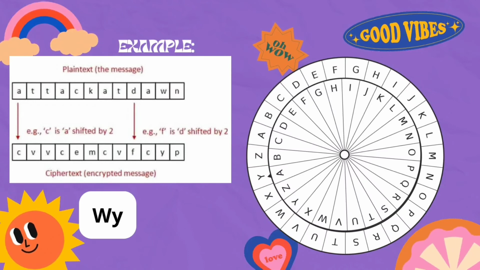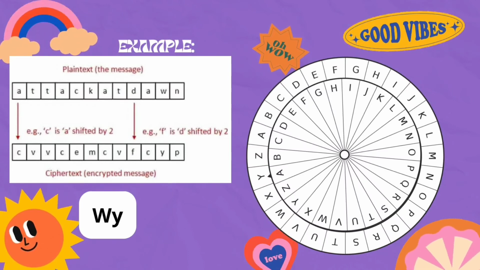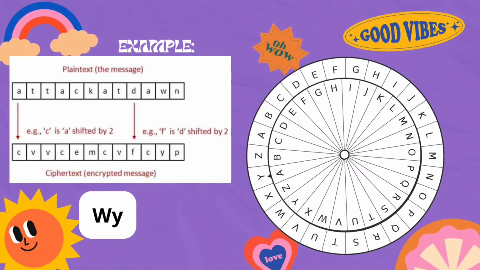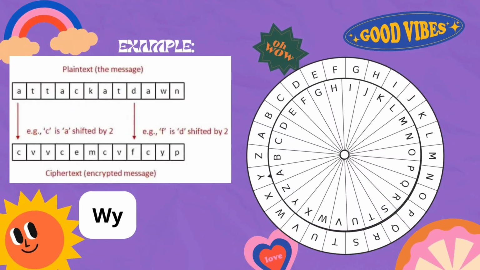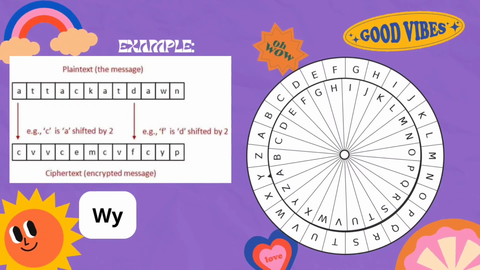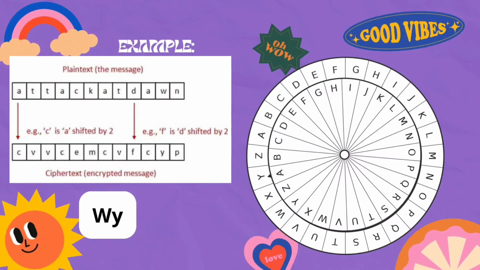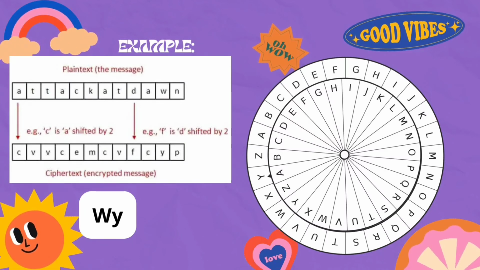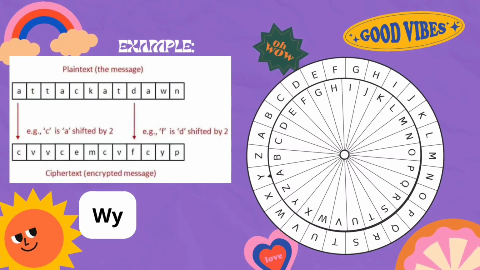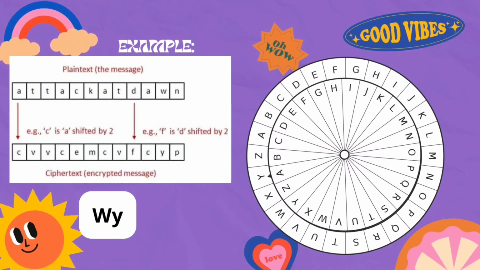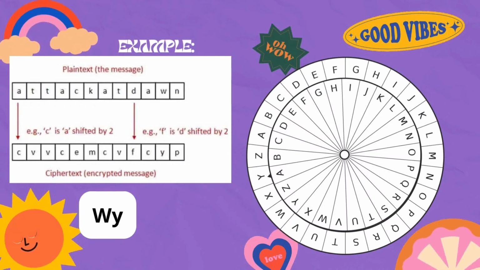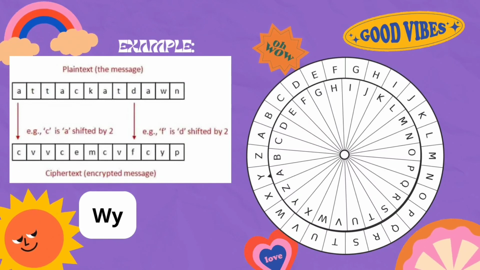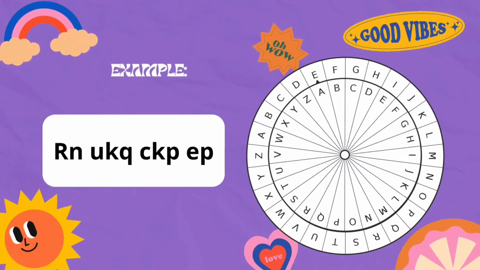Given that the plain text is "Attack at dawn," you should find first the uppercase W and lowercase y, and then look for the lowercase letters that correspond to the uppercase letters above. After you find the lowercase letters that correspond to the uppercase letters above, you will have CVVCMCVFCYP. Now, you try it.